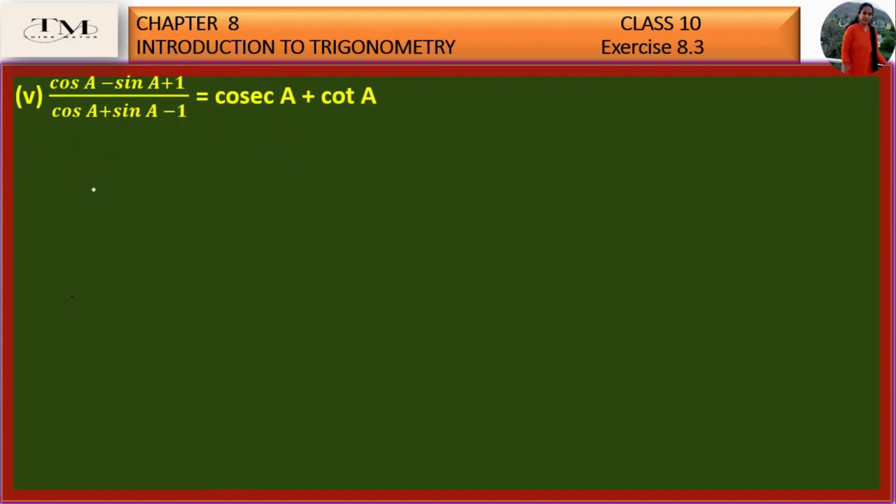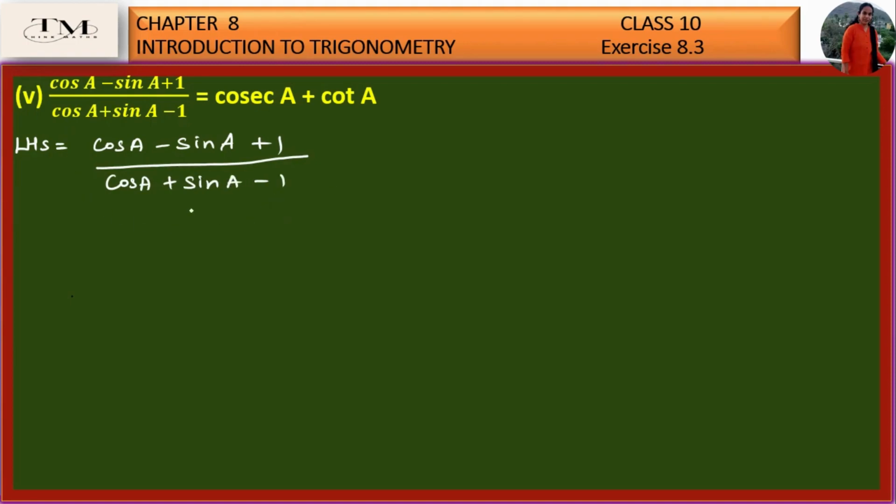Okay. First take the LHS term. So what is LHS? Cos A minus sin A plus 1 divided by cos A plus sin A minus 1.